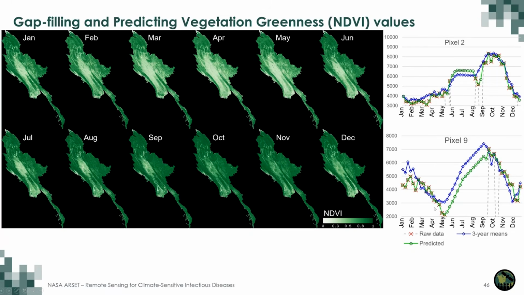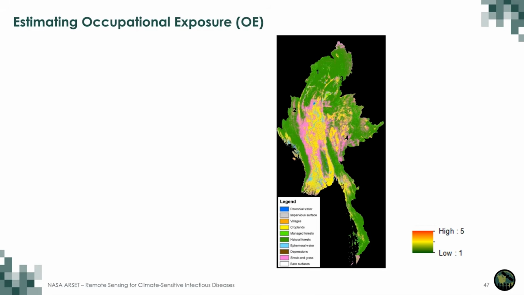That allows us to not only retrospectively fill in the gaps, but also estimate in real time where we would expect the vegetation greenness to be under these conditions. Those are two very different approaches, again, driven by the understanding of the conceptual environment in Myanmar.